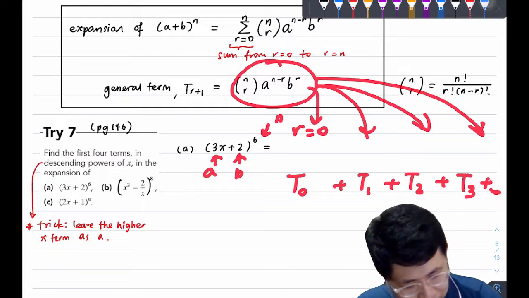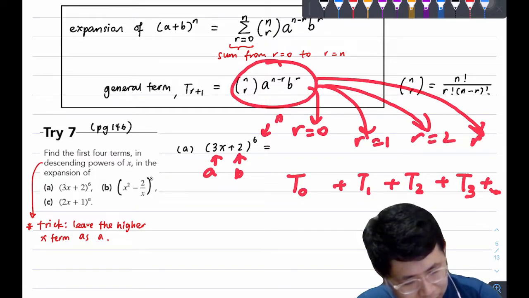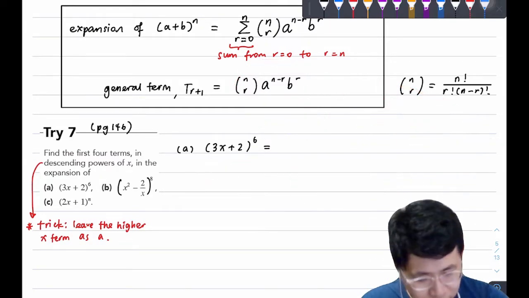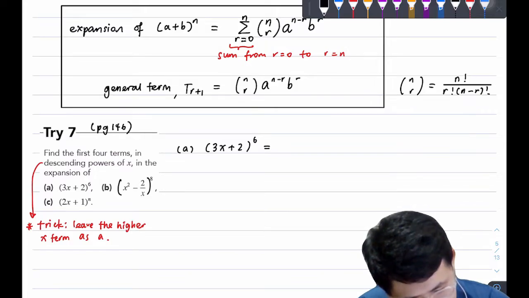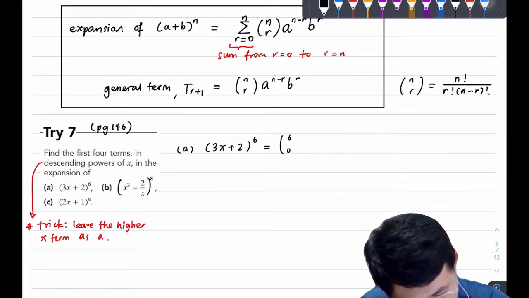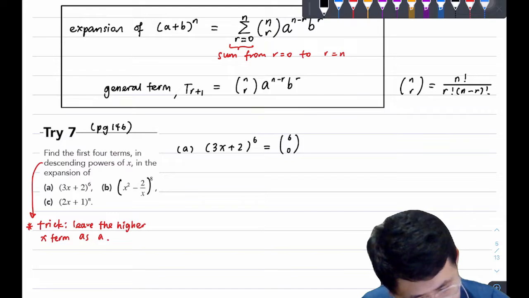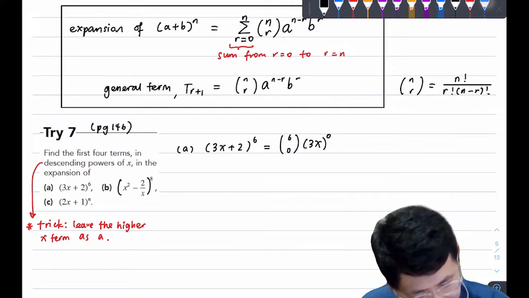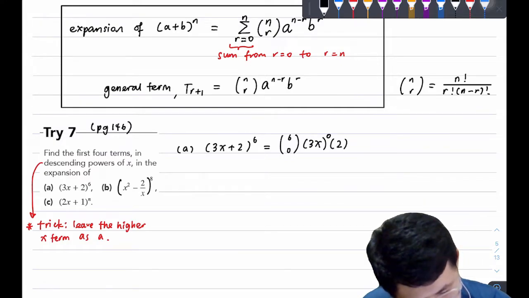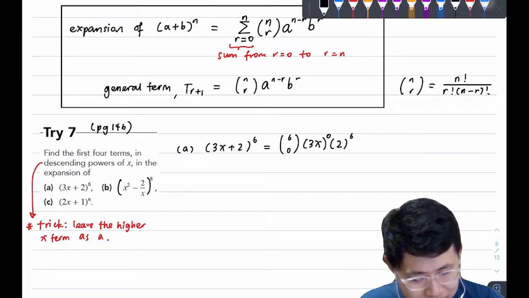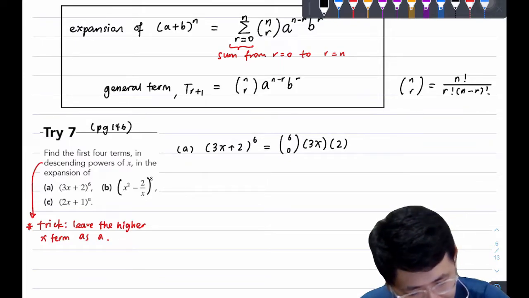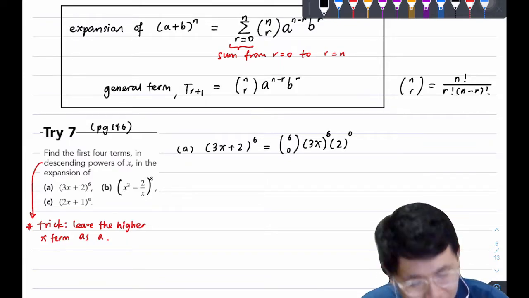So this is n choose r of a, so a is 3x to the power of 0, we start with 0, and then we have 2 to the power of 6. A to the power of n minus r, so a to the power of 6 and 2 to the power of 0.